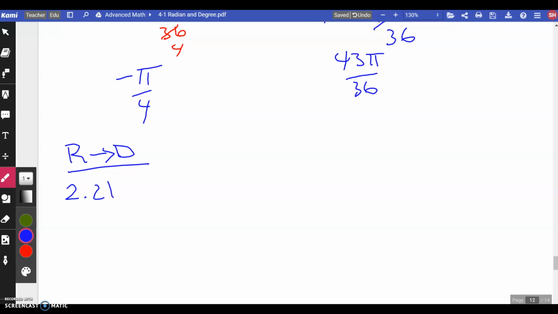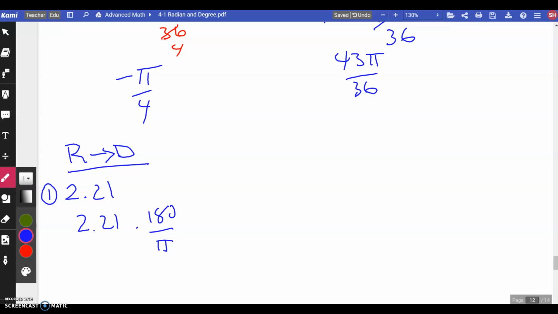Okay, so that's the radian, and I want to change it to degrees. So I'm going to take 2.21 times 180 over pi. Now, the directions will say this a little clearer. What's happening is I started off as not something in terms of pi. I started off with a decimal. That means I want to end as a decimal. So if my radian's a decimal like this, I want my degrees as a decimal as well, because the pi's are not going to cancel.